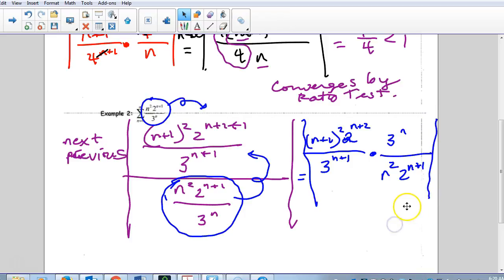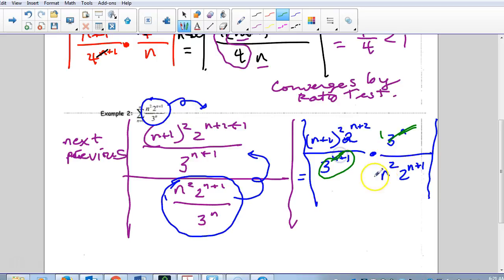Okay. And now it's a matter of how do I simplify that? So I will go in fabulous green. 3 to the n plus 1 and 3 to the n. Those n's are going to cancel. This is just going to give me 1 on the top, and there's a 3 to the first left on the bottom. So there's a 3 on the bottom.